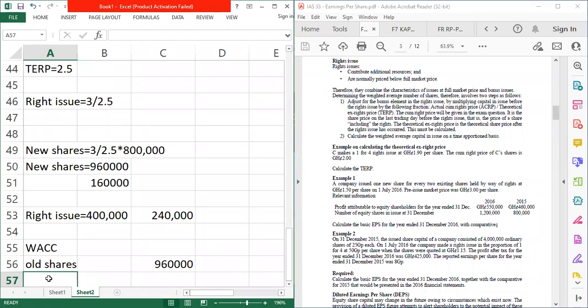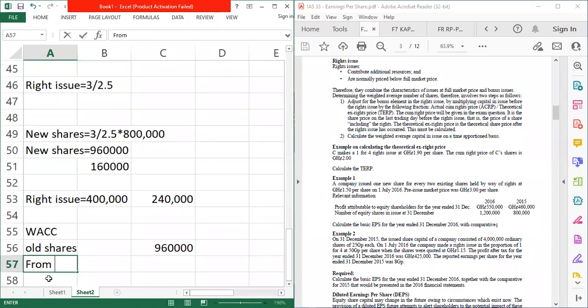Are we okay? Let's count from July. What will be the number of shares that we're going to have from July? The shares was 400,000, but 160 is relating to bonus issue. So we now have 240,000. Multiply by how many months?